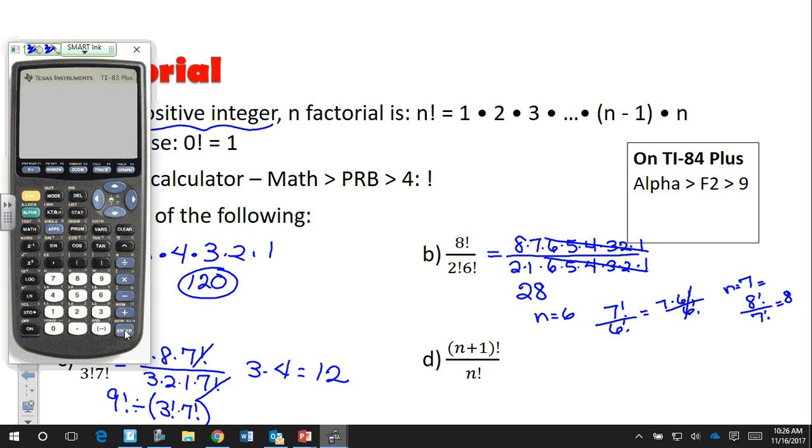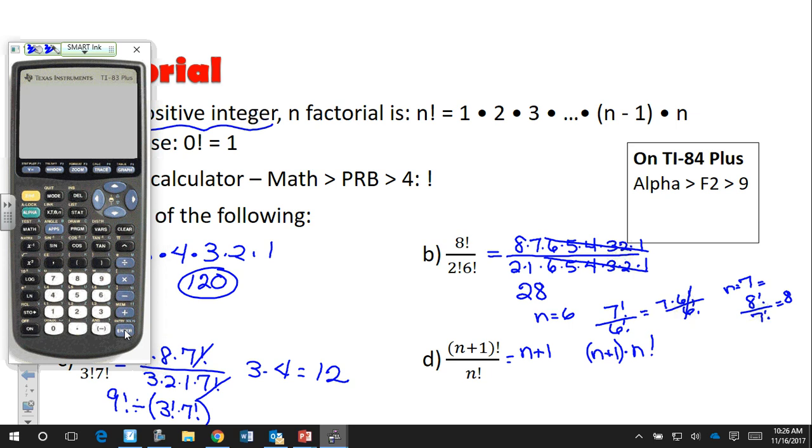What is n plus 1 factorial over n factorial? N plus 1, right? Whatever number, one more than the number that you started with, right? So n plus 1. So another way to look at this is, how would I write this as a factorial? It would be n plus 1 times, what's 1 less than n plus 1? N times n minus 1, n minus 2, and so forth.